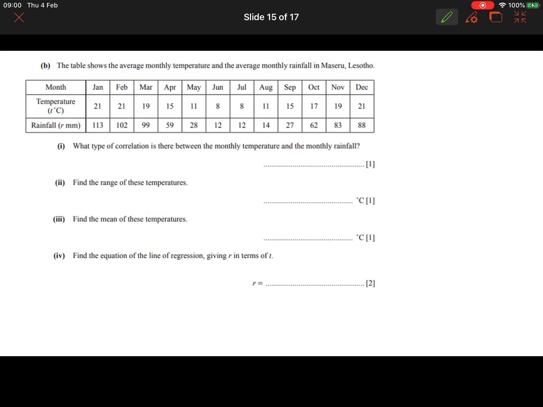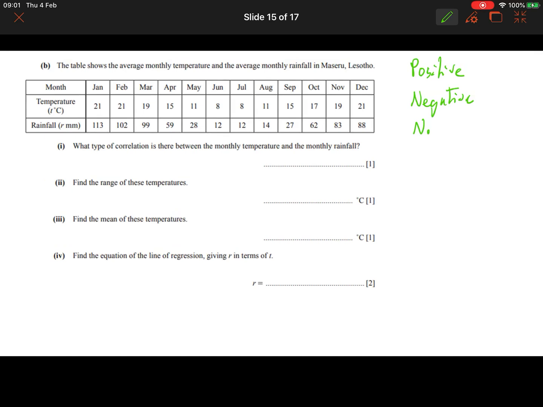So there's only 3 possible answers to that. It's either a positive correlation, a negative correlation, or no correlation. Now, I'd hope it would be fairly obvious by just looking at the numbers, but if you're not sure, you can do a quick scatter plot and have a look.